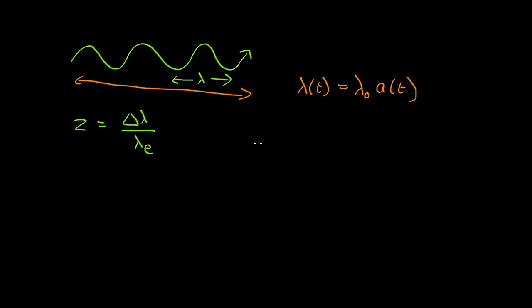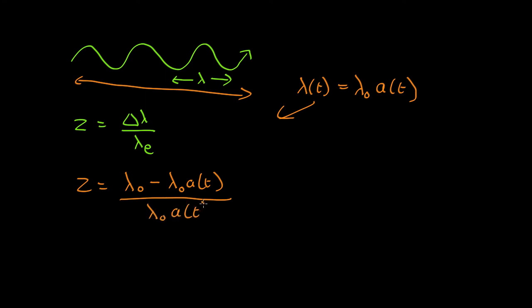So let's put that into here. The redshift is equal to the change of wavelength, which is the wavelength now, minus the wavelength when the light was emitted at some time t, which is lambda naught a of t, all divided by the wavelength when it was emitted, which once again is lambda naught a of t.